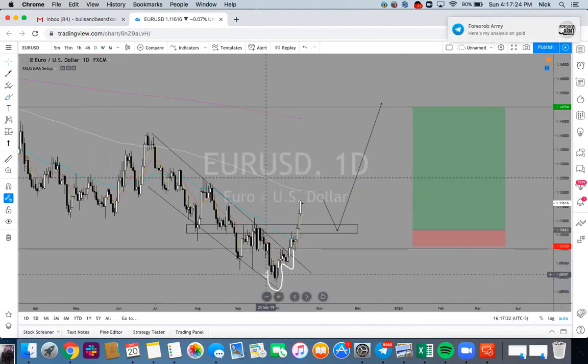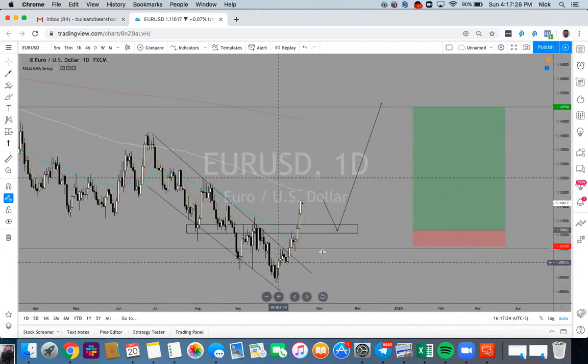Second leg W. So I think this is the move that's going to start to move to the upside for the rest of the year. What I'm looking at now is I want to see a retest of the zone, and that will be my confirmation to enter.